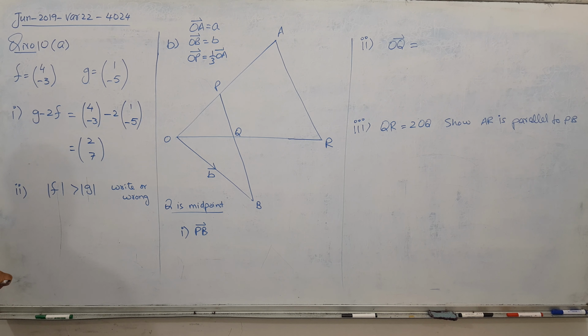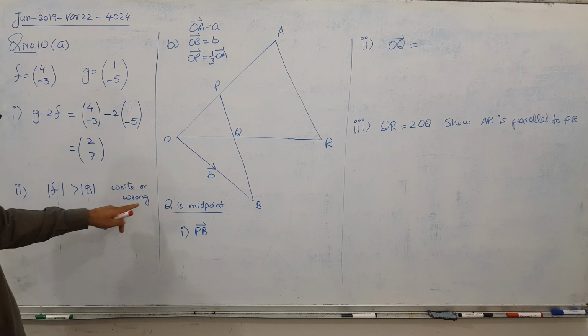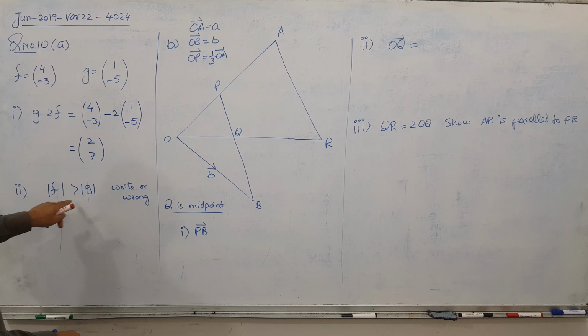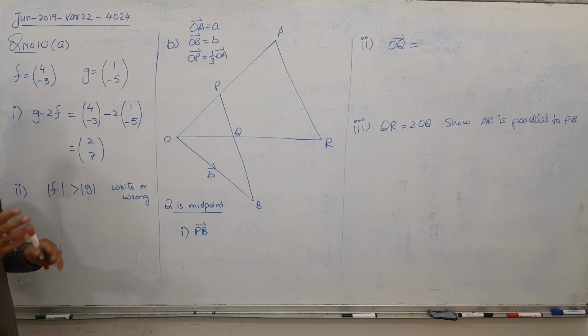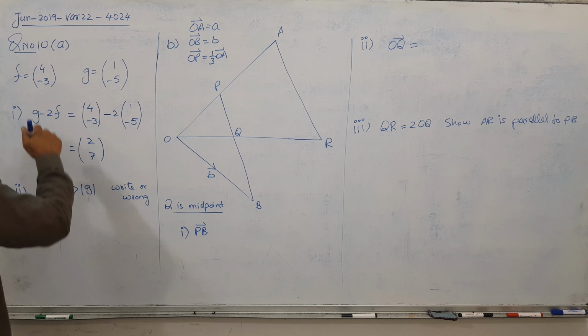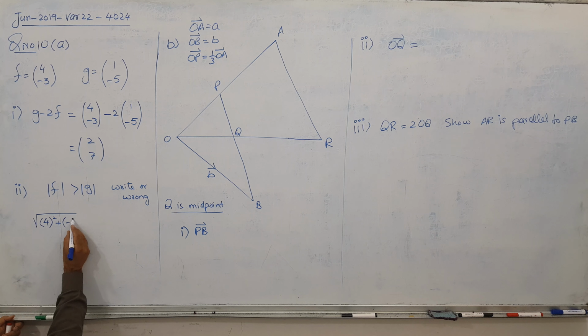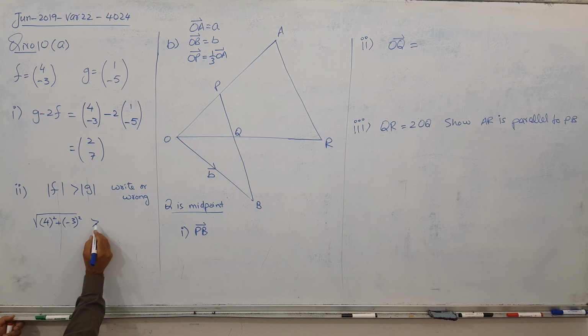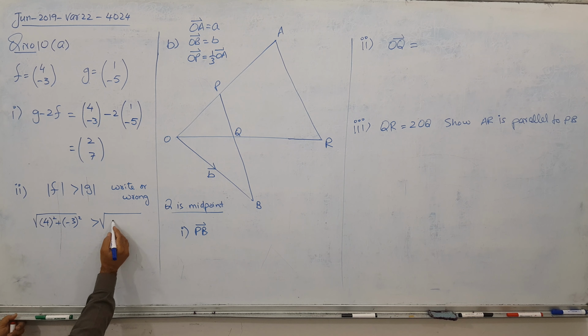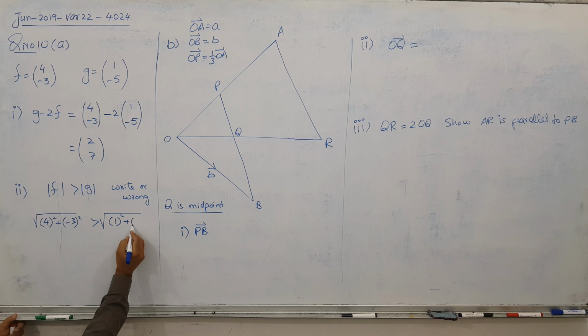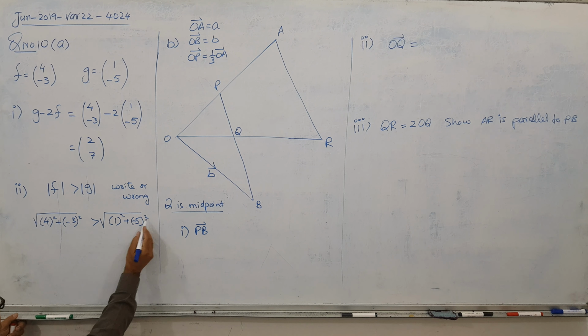Now further, he's asking whether this statement is right or wrong. That is called length or magnitude or modulus. So let's find this modulus. Like Pythagoras theorem, 4 squared plus minus 3 squared, and similarly the other one, 1 squared plus minus 5 squared.